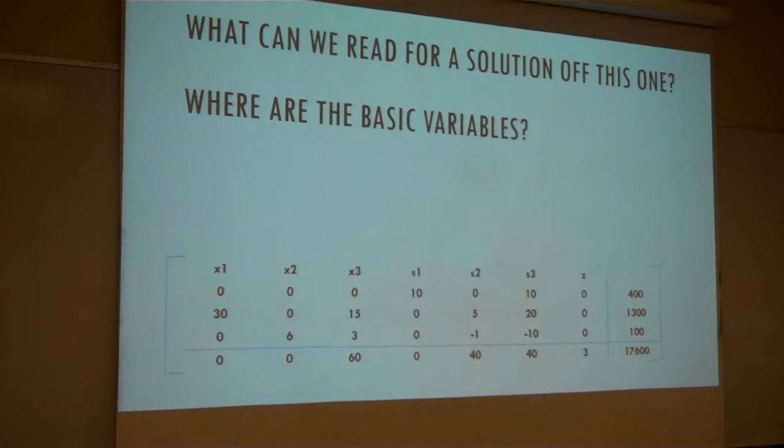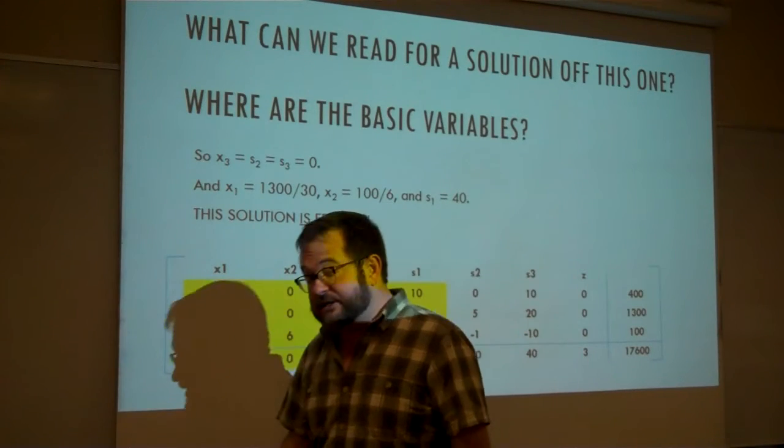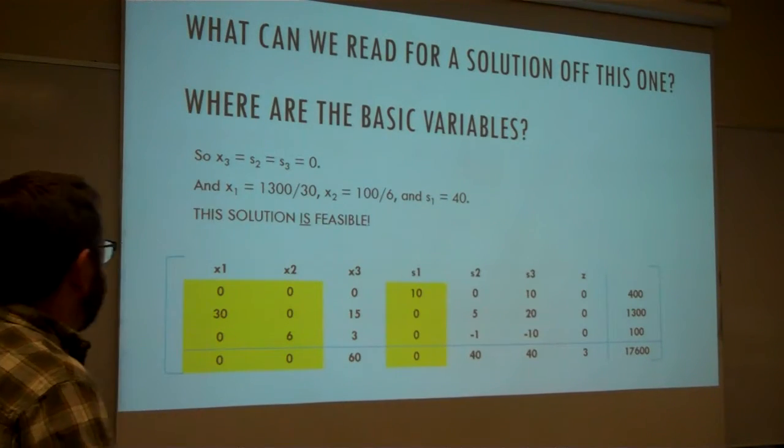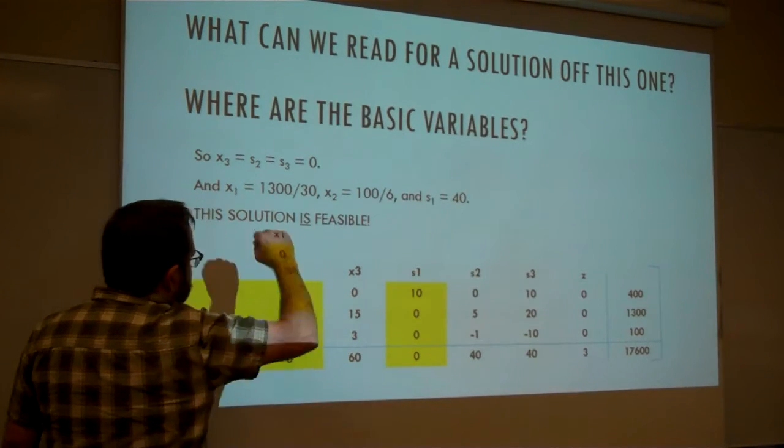Can we read a solution off this one? We got a tableau, strictly speaking. Where are the basic variables? Looks like they're these 3. I don't see negative numbers there. So x3 is equal to s2 is equal to s3, which is equal to 0, because they're non-basic. We can do the math, and those are numbers, and it's fine.